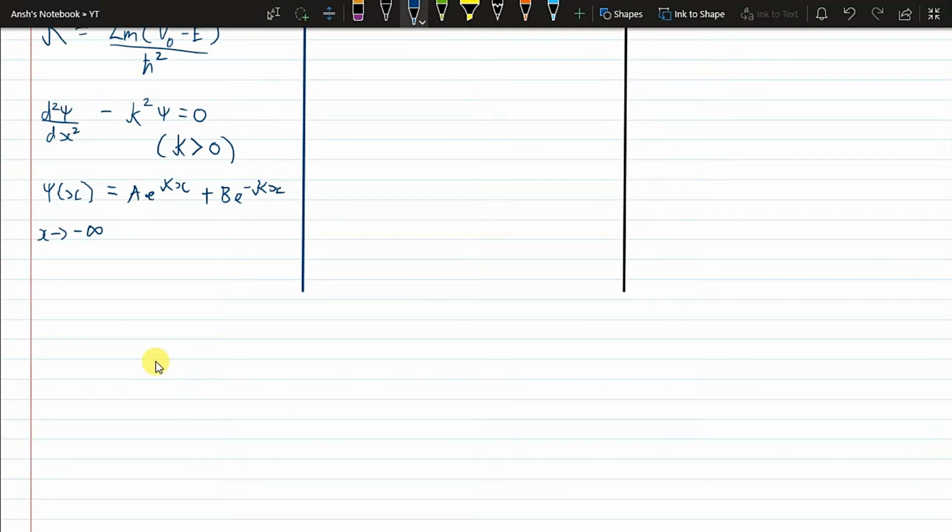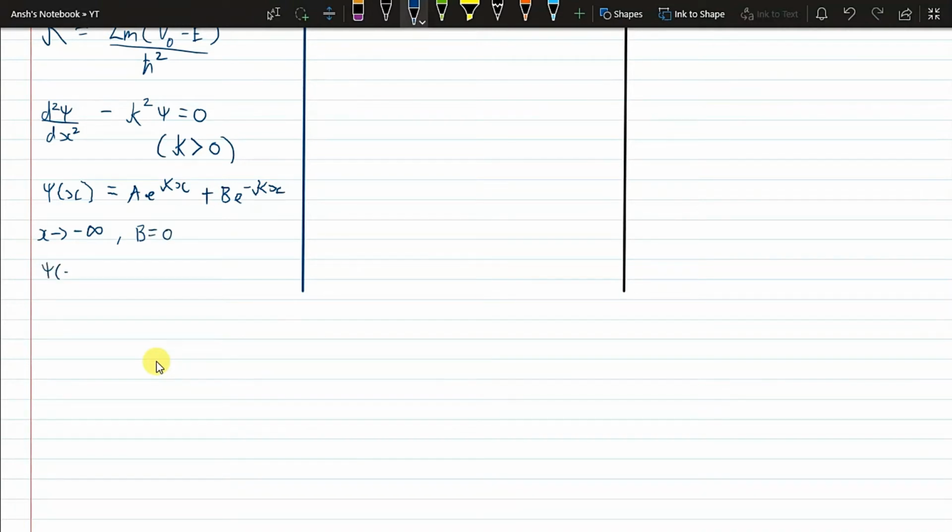Now e to the power infinity is not defined as we know, but if x tends to negative infinity, the solution would blow up. Psi of x would also go to infinity, and there was no way that after integrating we'd have a normalizable wave function. So for x tending to minus infinity, since the wave function has to be finite, we come to the conclusion that B is equal to 0.